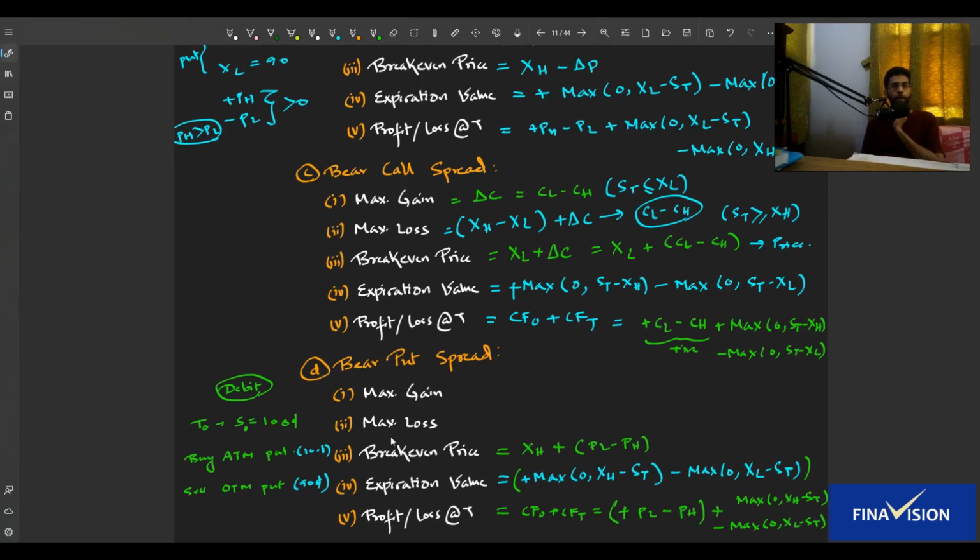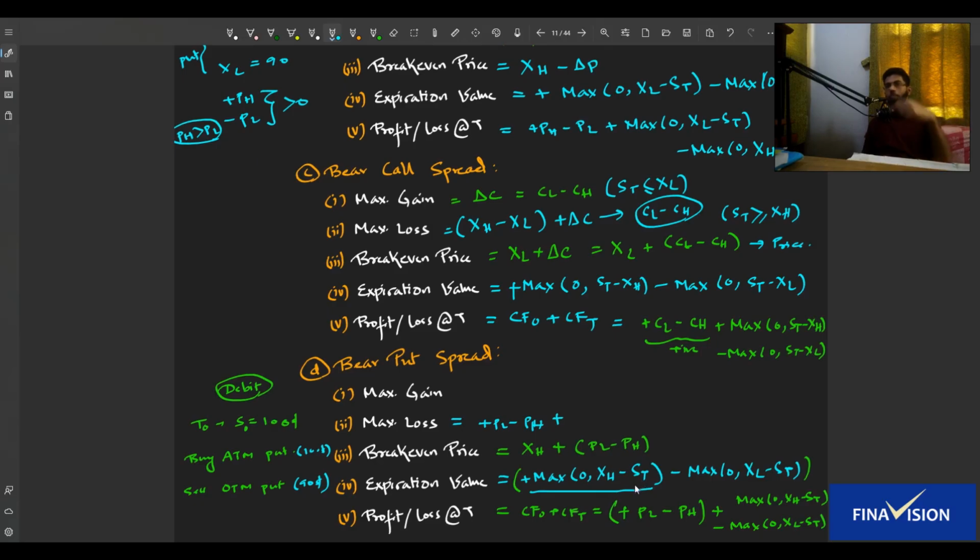Now max loss. What is the max loss? Maximum loss happens when the price is at or above XH. Now at or above XH, what are the valuations? Let's have a look at that. Plus PL minus PH, this remains the same. Then we will look at the expiration cash flows. Max of 0, XH minus ST. Now this expires out of the money, right?